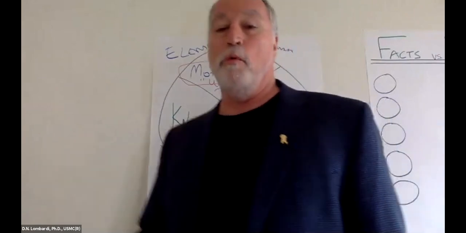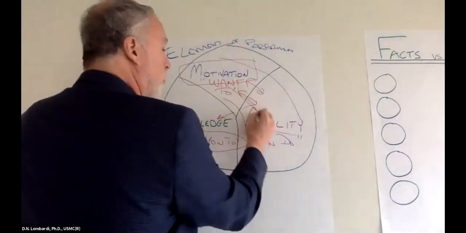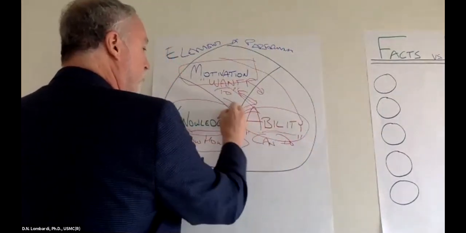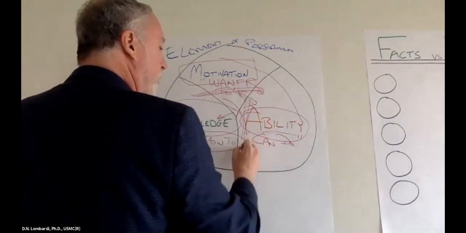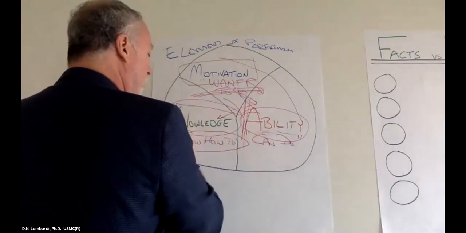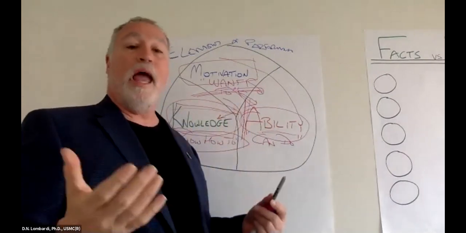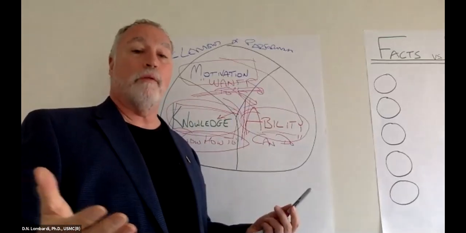Motivation is usually the one you want to start with, because if they have the motivation, we can work with whatever ability they have, and we can provide the knowledge. If they don't have the motivation, they're not going to use their ability that much, and they're going to be know-it-alls and not be receptive to the knowledge. And that, in a way, is kind of the worst person you could have in a learning situation.